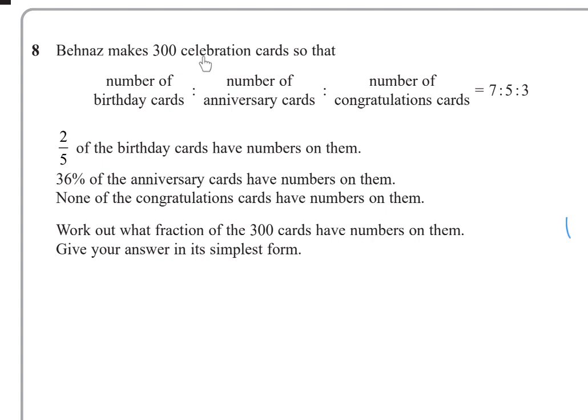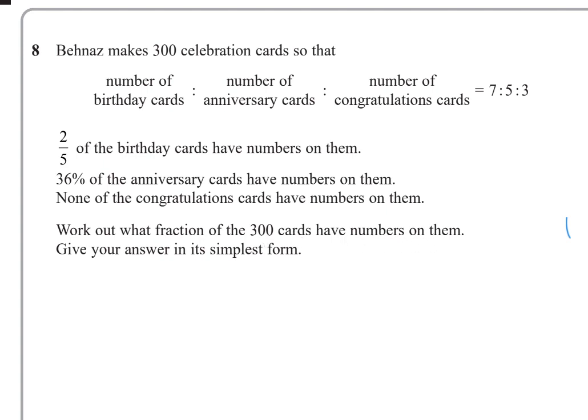Binaz makes 300 celebration cards so that the ratio of the number of birthday cards to anniversary cards to congratulations cards is 7 to 5 to 3. 2 over 5 of the birthday cards have numbers on them. 36% of anniversary cards have numbers on them. None of the congratulations cards have numbers on them. Work out what fraction of the 300 cards have numbers on them.